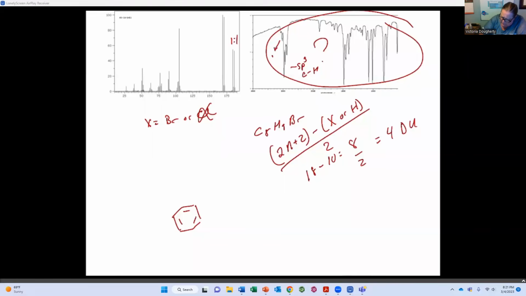I have sp2. Now that I know I have a benzene ring, I can figure out probably this is carbon-carbon aromatic, right? It's right around 1600. But who knows? This IR is not really useful. I had to do some calculations before I could get stuff out of this IR.